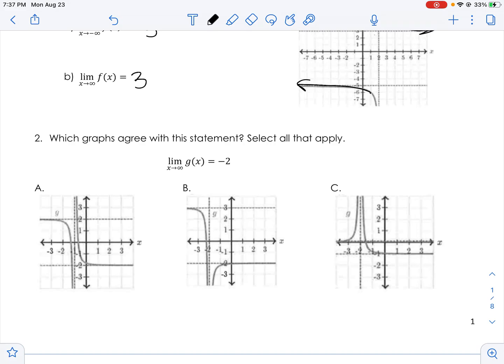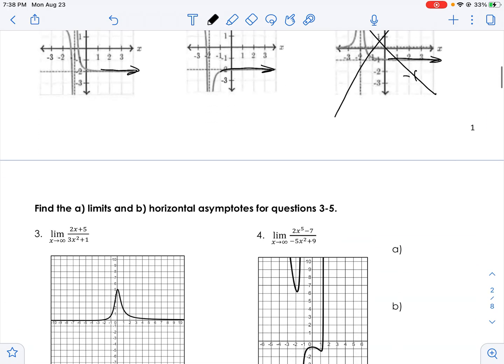Looking at answer choice A, as I approach positive infinity it is approaching -2, so we select that one. Answer choice B is also approaching -2. Last, answer choice C is approaching -1, so it does not work.